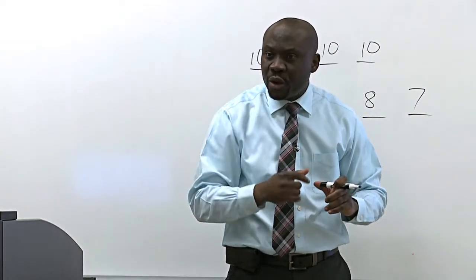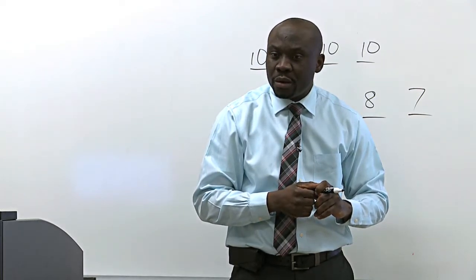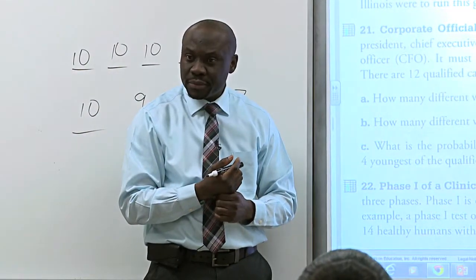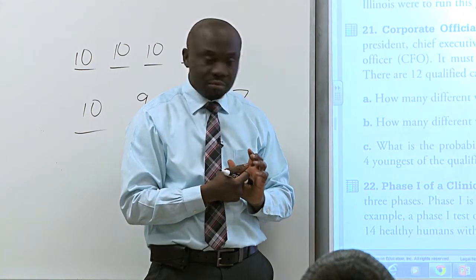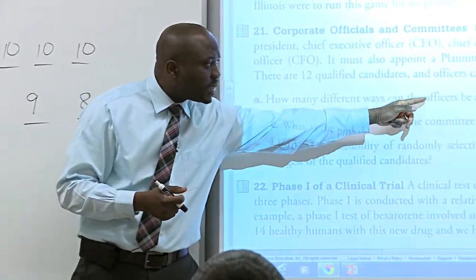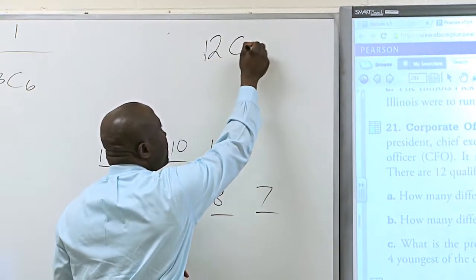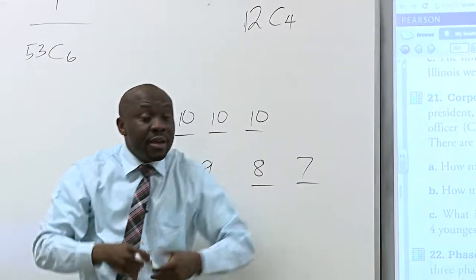How would you know it's 12C4? Because it's 12 candidates over 4 different members that they want. Which of them are you talking about now? The planning committee with 4 members. Part A or part B? A. How many different ways can this be done? She said it must be 12C4. Is that right? If it's not, why?